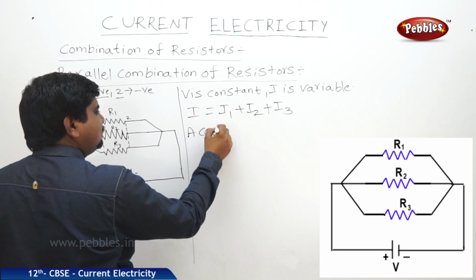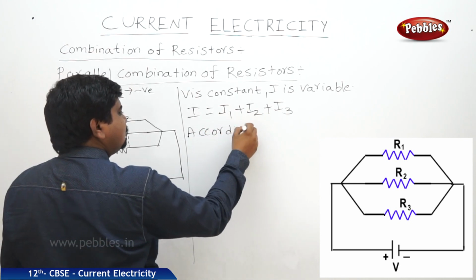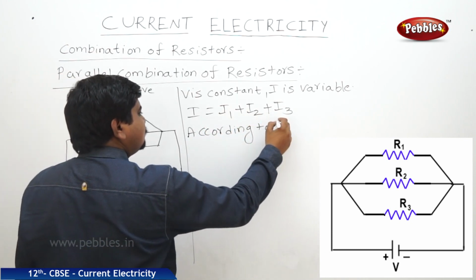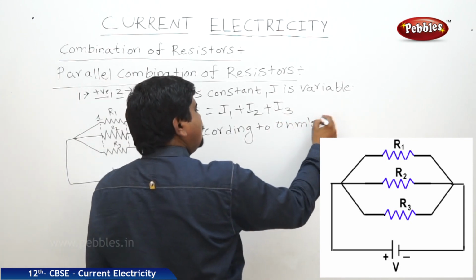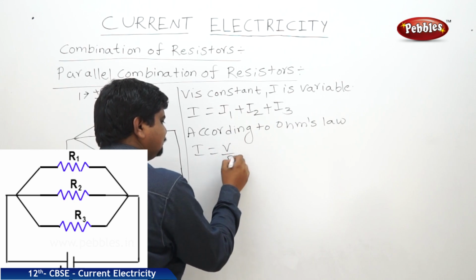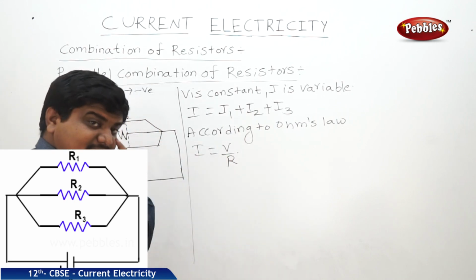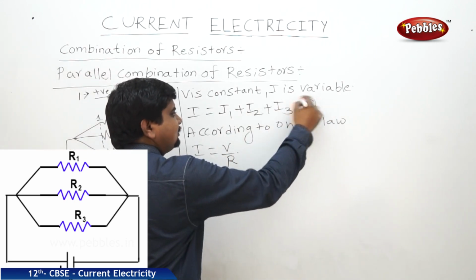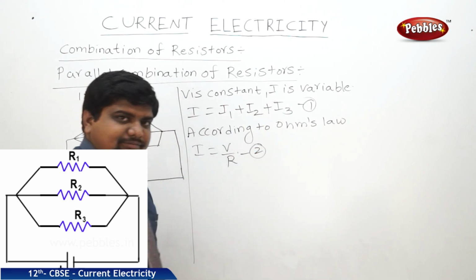According to Ohm's law, I is equal to V by R. Now I am substituting I is equal to V by R in this first equation. Let us write this as the second equation.